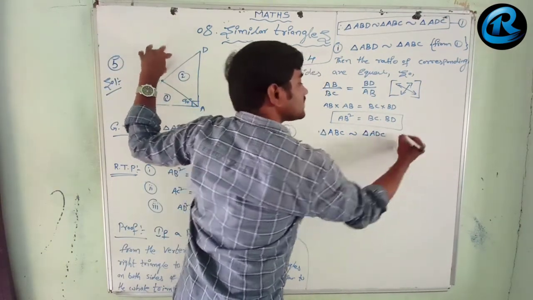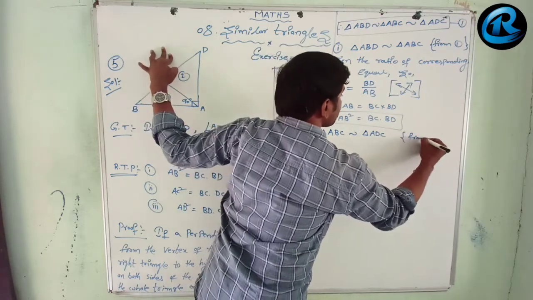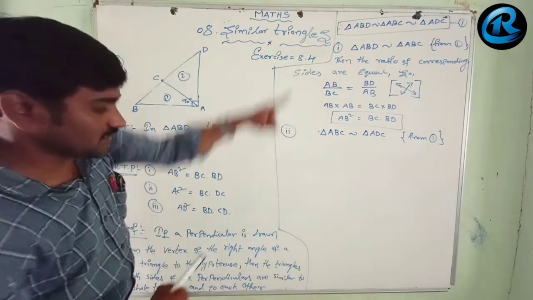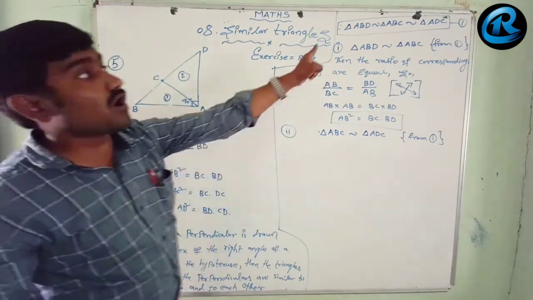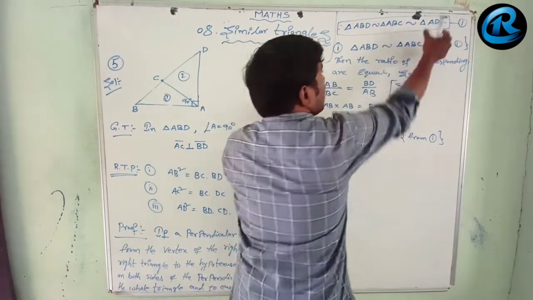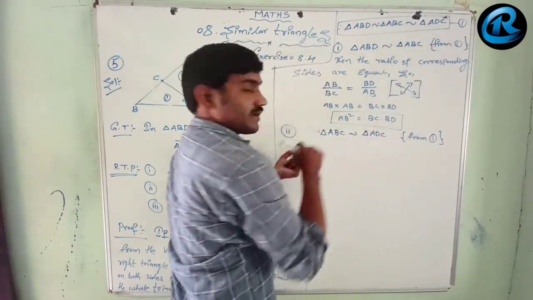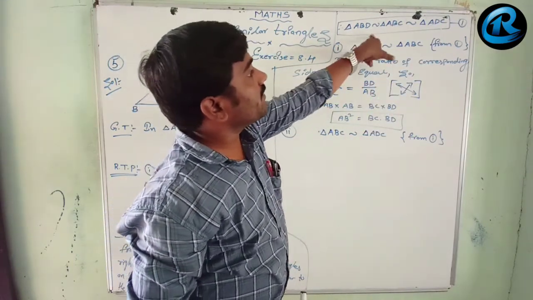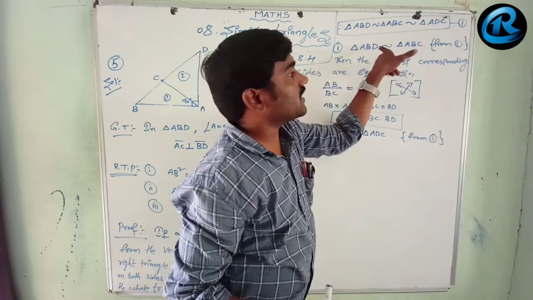These two triangles are similar from proof number 1, from the theorem. From proof number 1, the ABD triangle and ADC triangle are similar already.